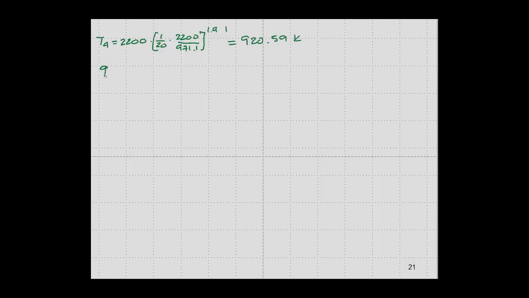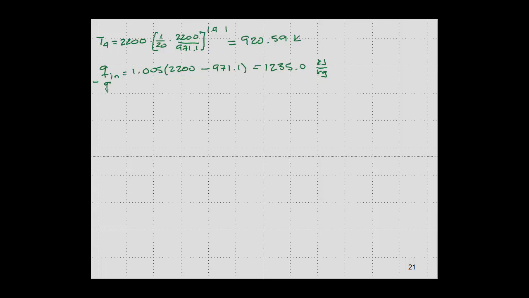So Q in, remember the difference of enthalpies, will be 1.05 times (T3, 2200, minus T2), then Q out is 35.0, this is kilojoules per kilogram.